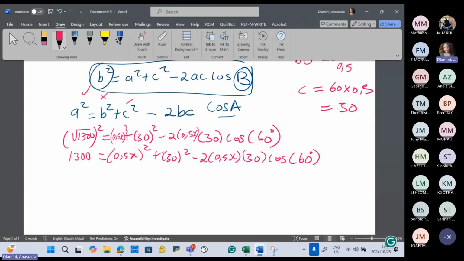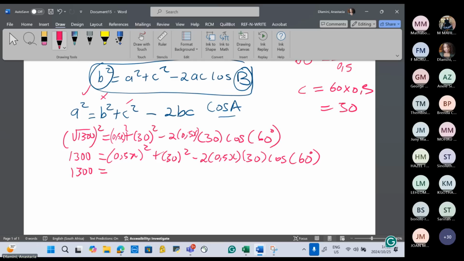Okay, so let's look at this. I know that on the right hand side is 13,000. What is 0.5 squared? 0.25. Do you know how they got 0.25?